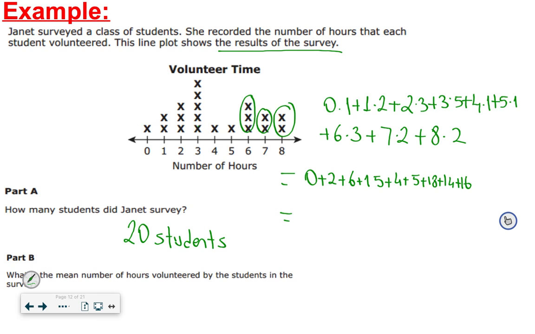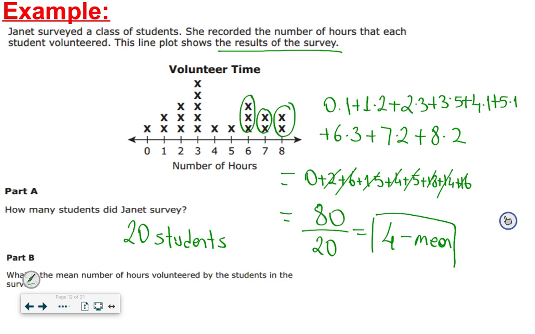Then if you add them up, you will get 8, 23, 27, 32, 50, 60, 70, and 80 over the number of students. So how many students are there? 20. Then you are going to get that 4 is the mean of this graph.